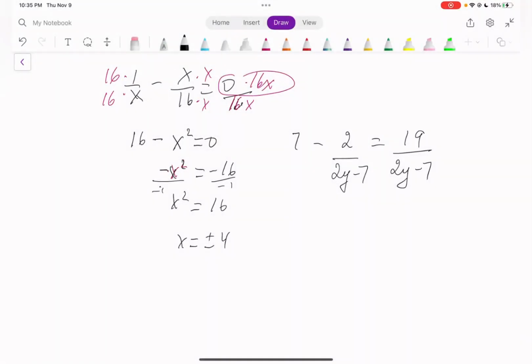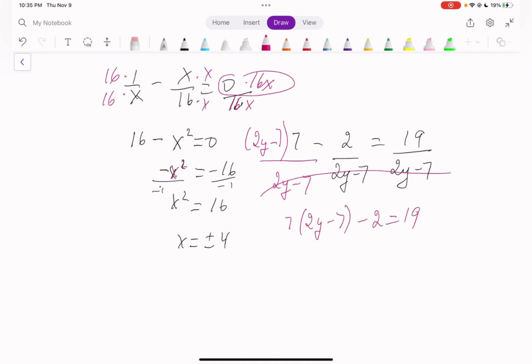The only thing, these both fractions have 2y minus 7, correct? Only if this one doesn't have anything, the denominator is 1, which means I have to put 2y minus 7. Here also 2y minus 7. Throwing out the denominators and solving a linear equation. Yes? Okay.